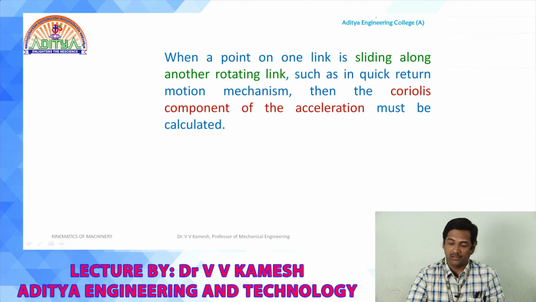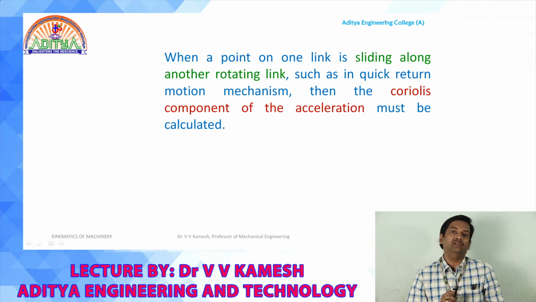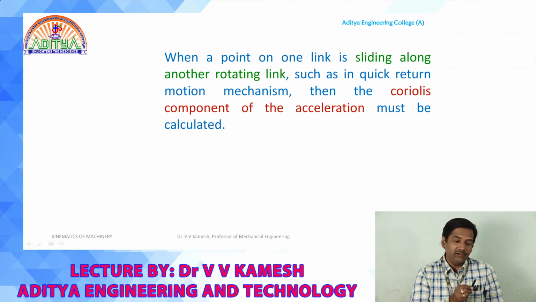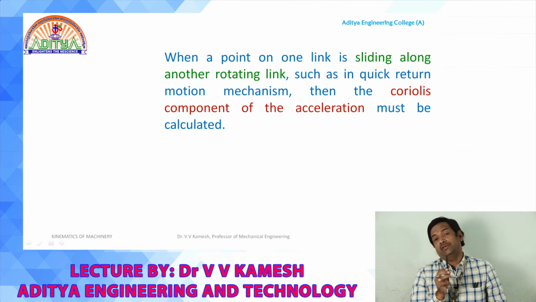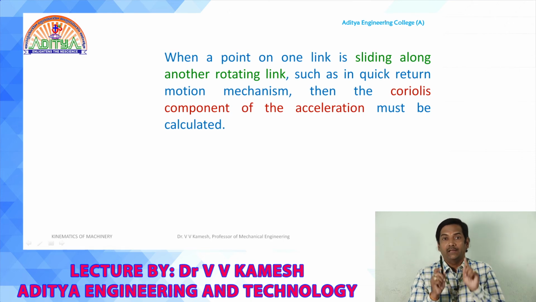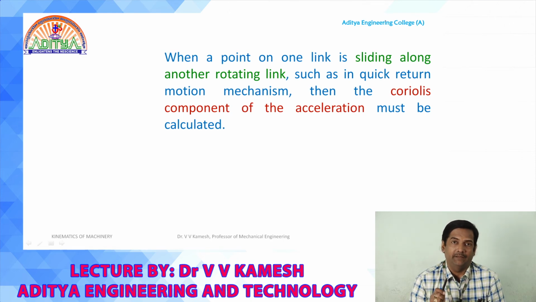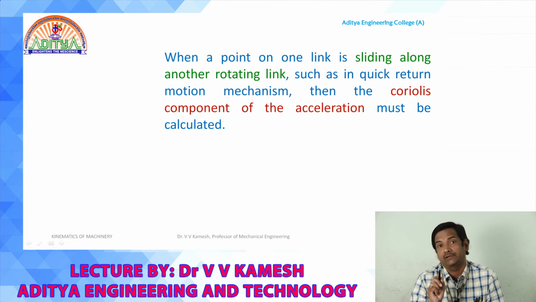So, we cannot call the movement of the slider horizontal or vertical. It is moving in space along some route. How much acceleration the slider has with reference to the moving frame, that component is added. That component we call the Coriolis component of acceleration.